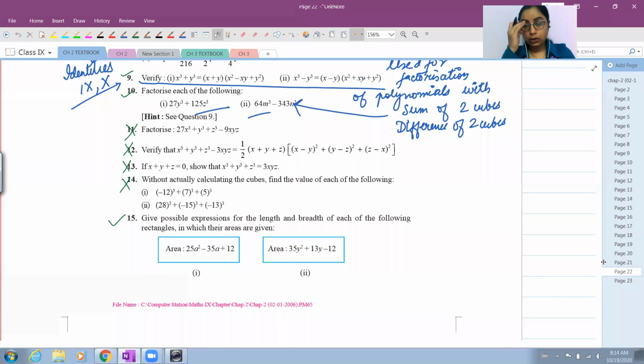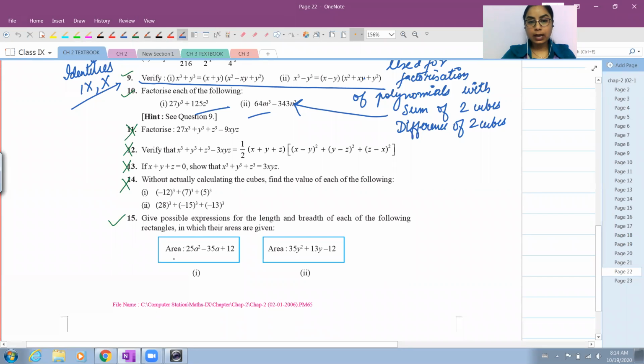You've been given two quadratic expressions and they are saying that these actually represent the areas of some figures, and these represent areas of rectangles, and you have to find out what will be the possible values of the expressions which represent the length and breadth in each case.